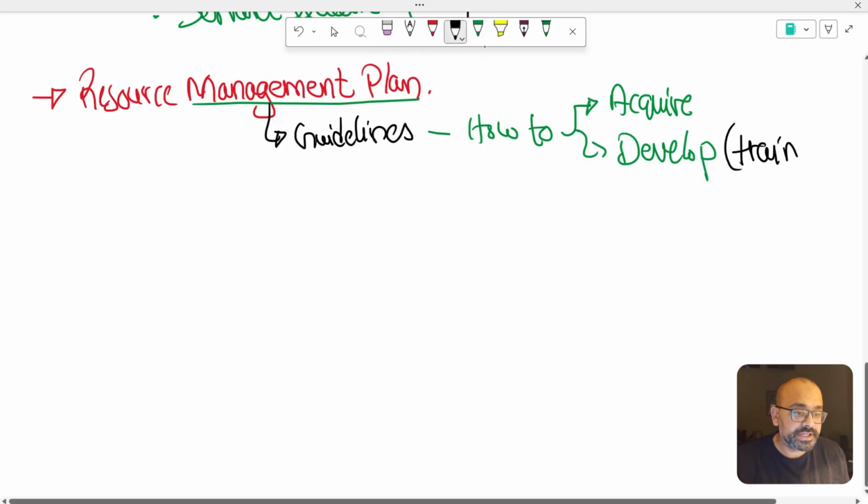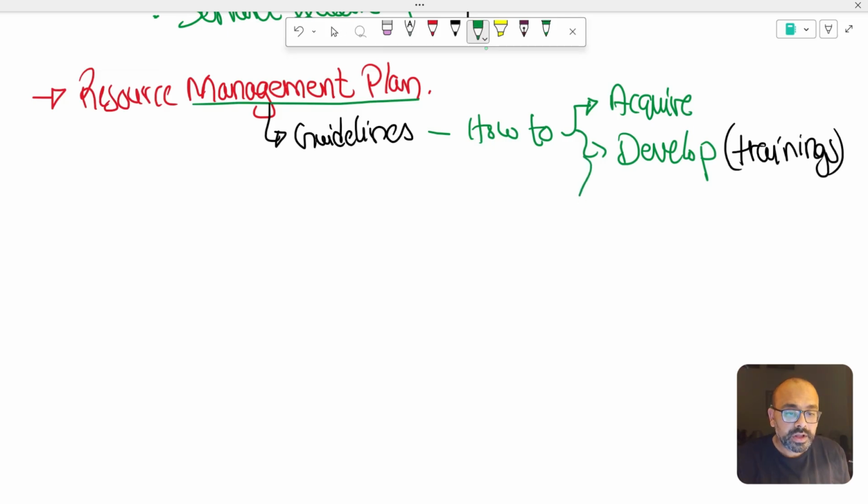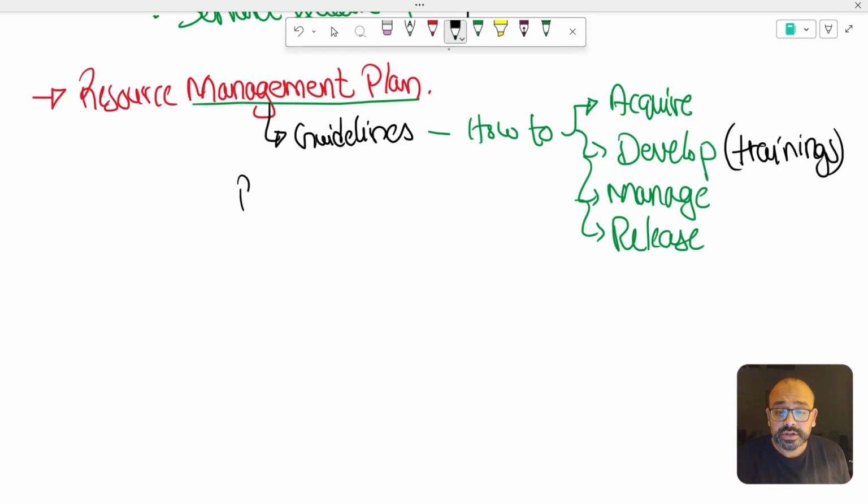Trainings basically. How to manage them and how to eventually release them, right? This resource management plan also tells us the reward and recognition system, how to recognize them and how to reward them.